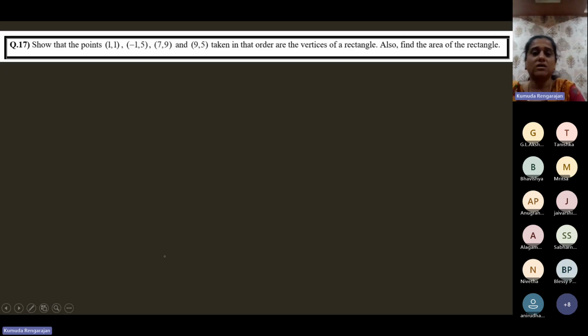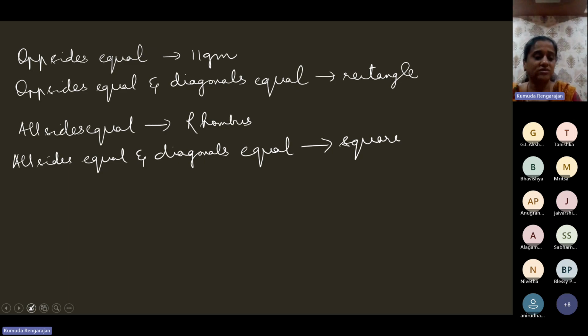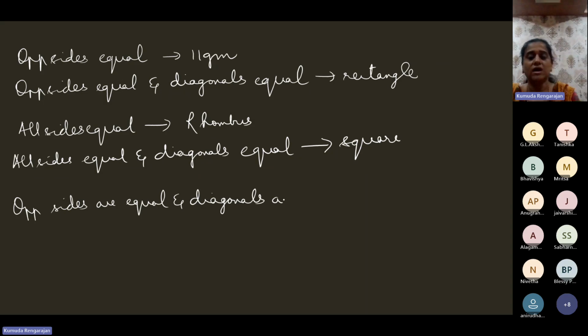I'll just mention one more thing here. If opposite sides are equal and the diagonals are unequal, it is a parallelogram and not a rectangle.